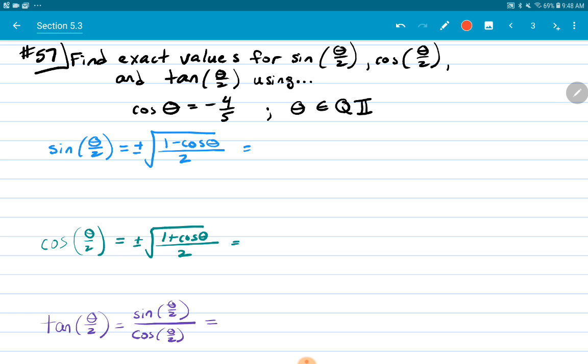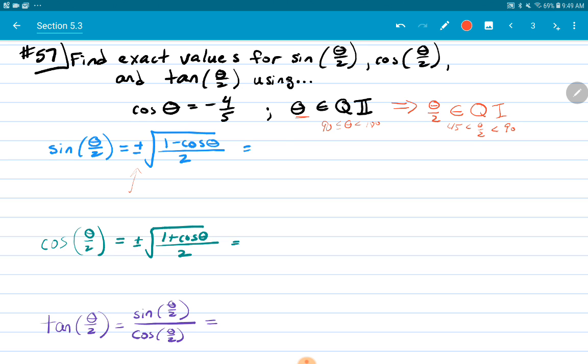So first of all, we're going to need to know if it's plus or minus, if the angle is going to be positive or negative, because you see that the equation has that plus or minus there. So let's think about if the whole angle is in Q2, so that means the whole angle is somewhere between 90 degrees and 180 degrees, then that must mean that the angle theta over 2 is in Q1, because half of that would be somewhere between 45, sorry, this is theta over 2, not theta, and half of 180 is 90.